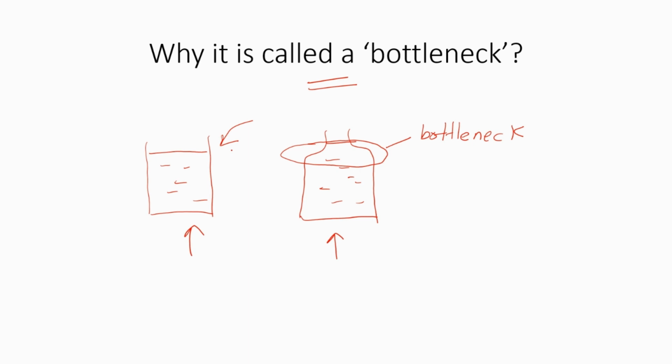So what will happen if we make this glass of water upside down? The water will drain out immediately. Because of this bottleneck, it will take some time to drain out the water from this bottle. The same concept is used in management accounting. This is known as a constraint or a bottleneck, which restricts the performance.